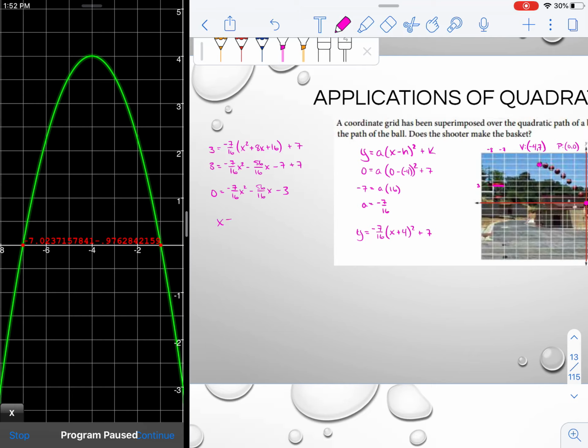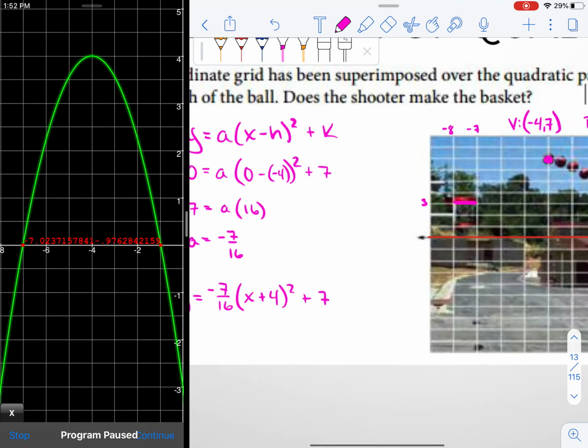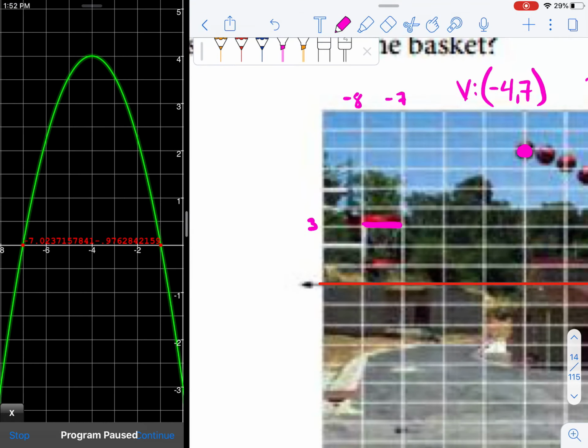So I'm going to get solutions of x equals -7.02 and x equals -0.976. Now we did say over here that from -7 through -8 is when we cross. So our basketball is just barely going to make it in inside of that rim.